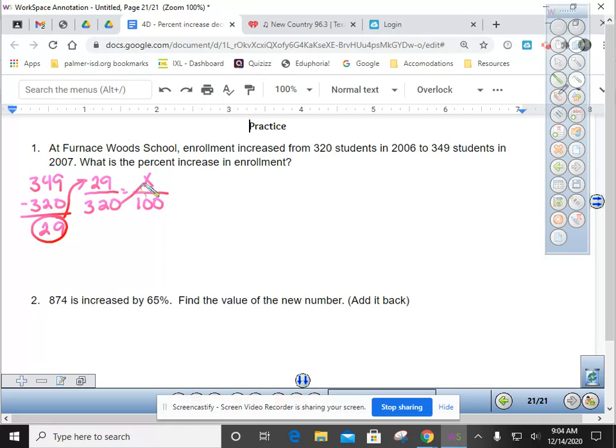And now we're going to solve this, and we get 320x equals 2,900. Then we do what? Divide by 320. Perfect. So dividing 320 into 2,900, you can cross off a 0.